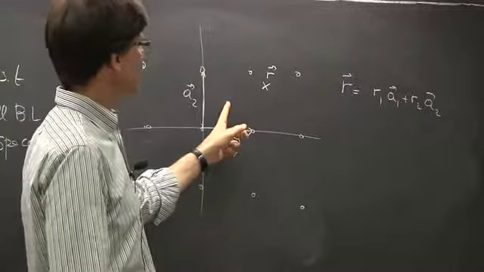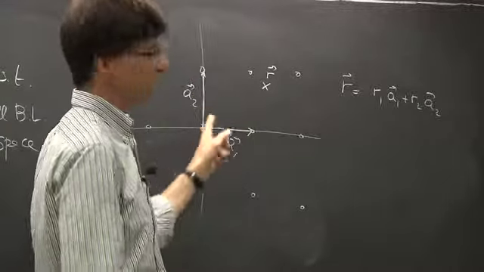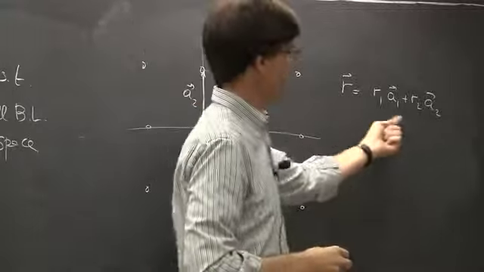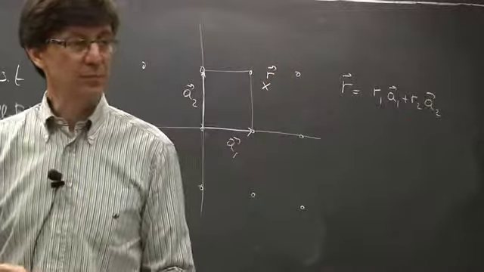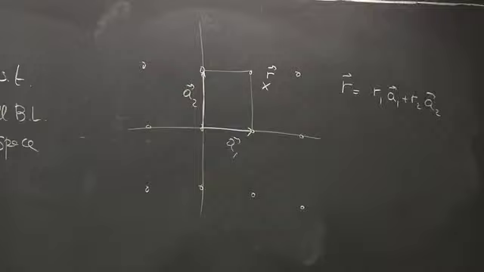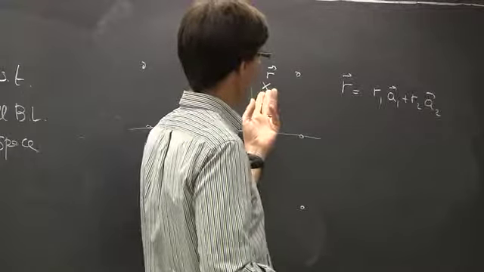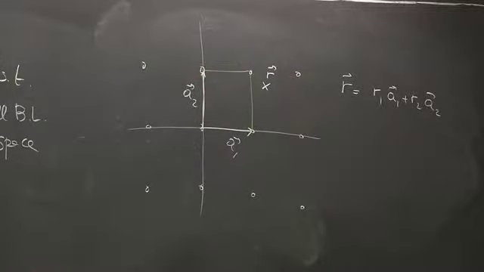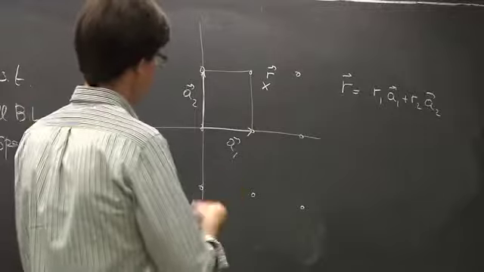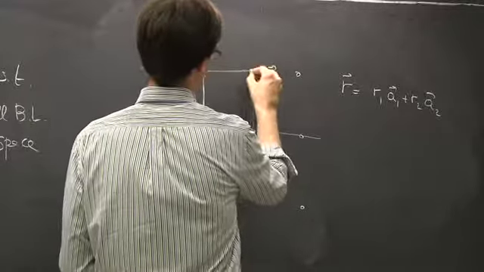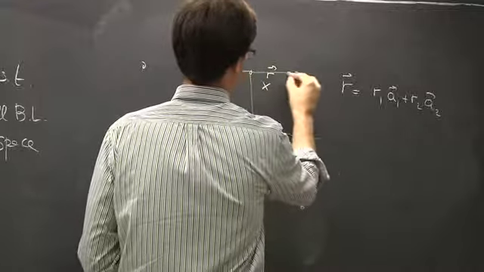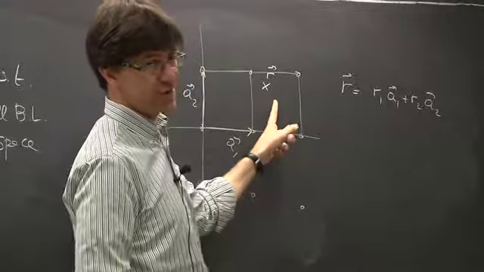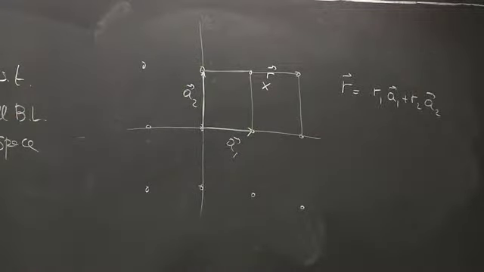If R happens to be inside this square, what would be the property that characterizes R1 and R2? They will both be between 0 and 1. But because I chose an arbitrary point, R1 and R2 are arbitrary numbers. However, I'm still allowed to say that if I chose, for example, this one as the unit cell, R belongs to this translation of the unit cell I have chosen at the beginning.